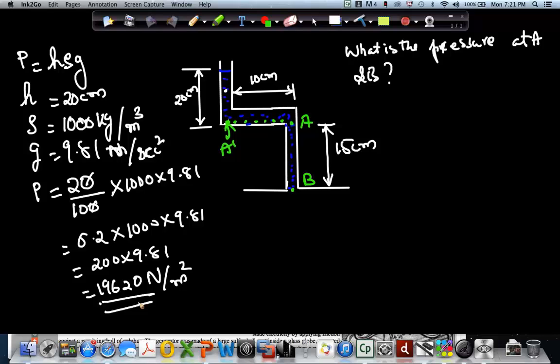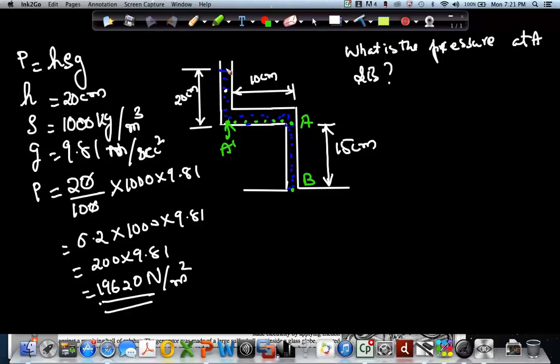That is the pressure at A. Now, see, I didn't even bother what the diameter of this tube is. Whether the diameter is 2 millimeter or 20 centimeter doesn't matter. The only thing which matters is the vertical height of the liquid column, anywhere.